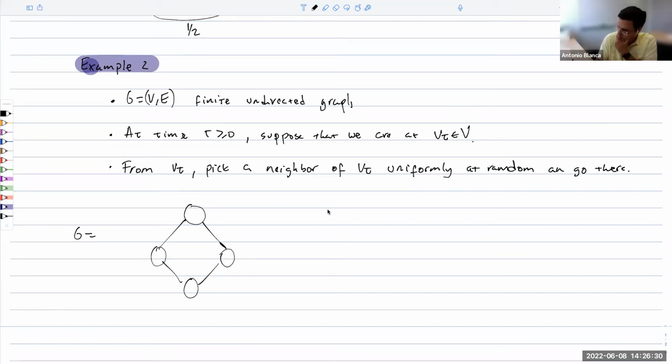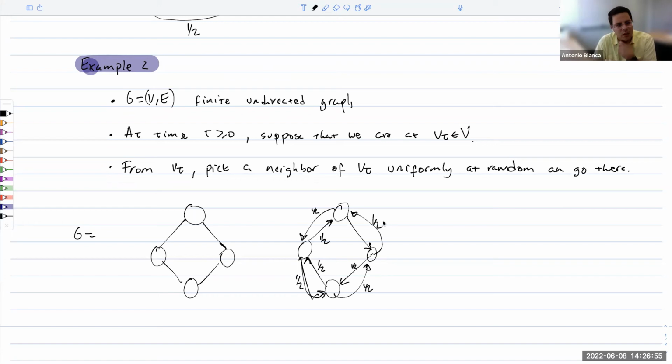So if you were to write this as a directed weighted graph like we did before, then we have weights 1/2 everywhere. And these are simple examples. Any graph will yield some random walk on the graph.